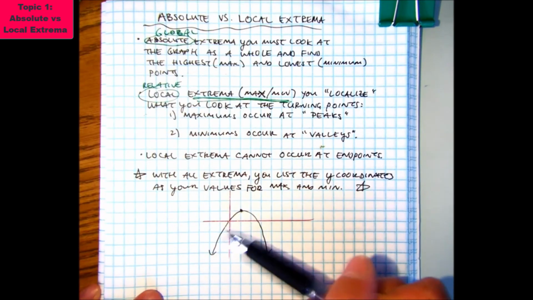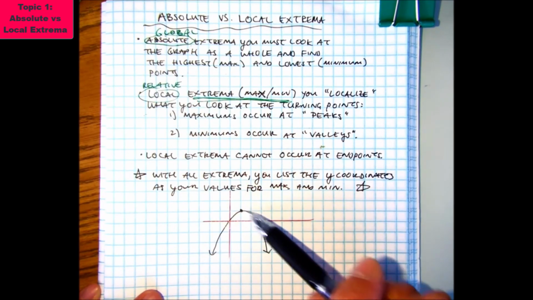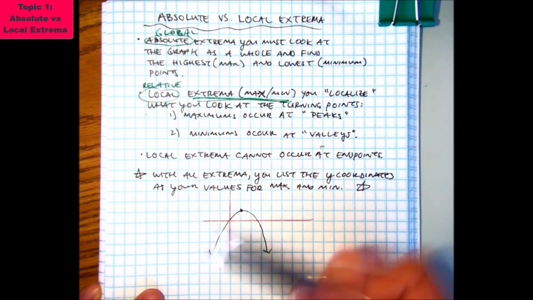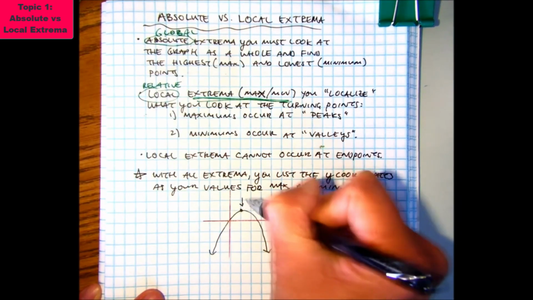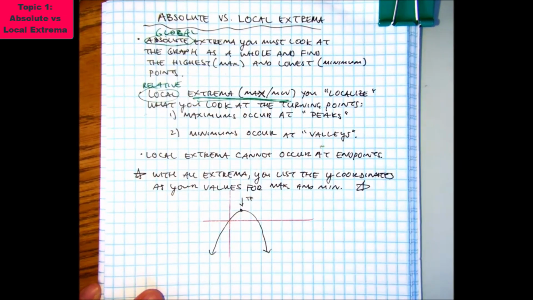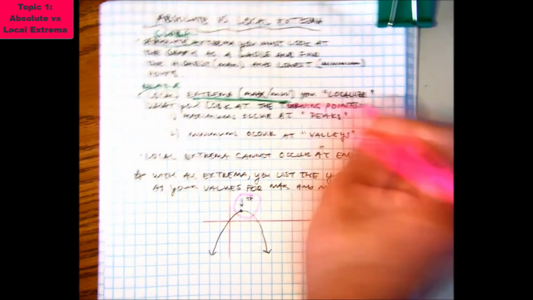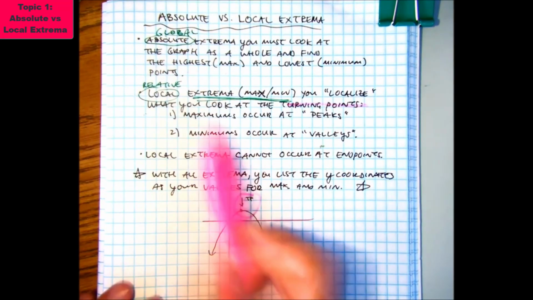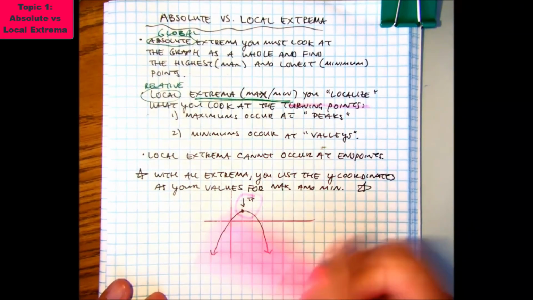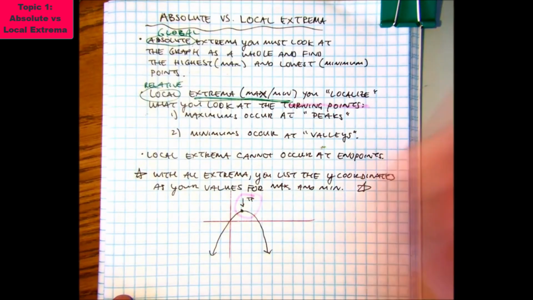We've learned the words increasing and then it switches to decreasing. So that would be a turning point, TP. Turning point. So maximums occur at peaks. So in this case, we have a maximum.